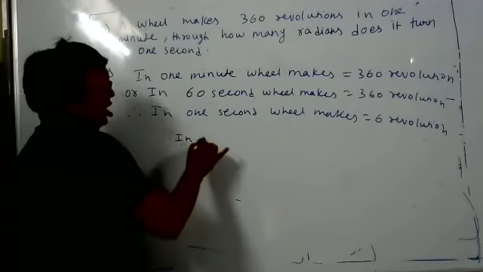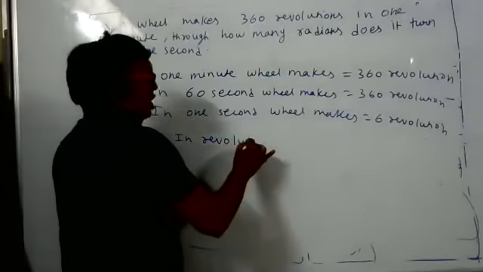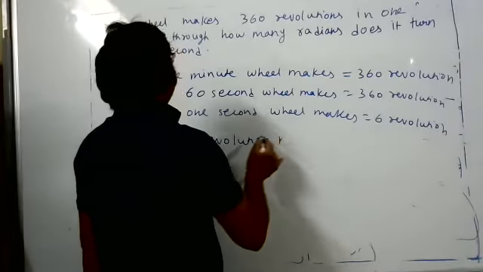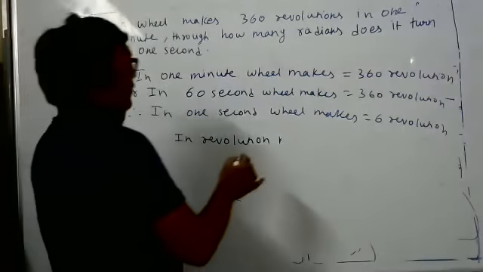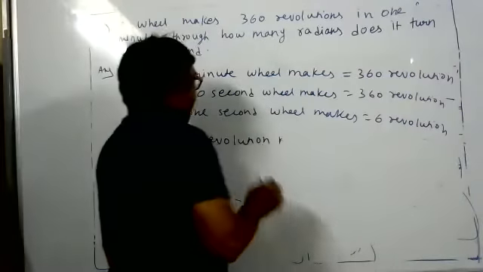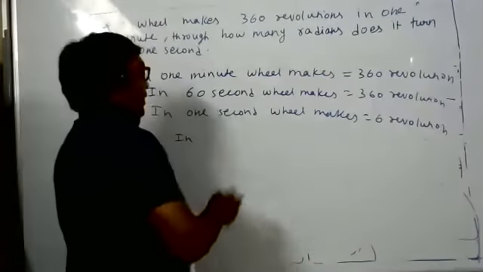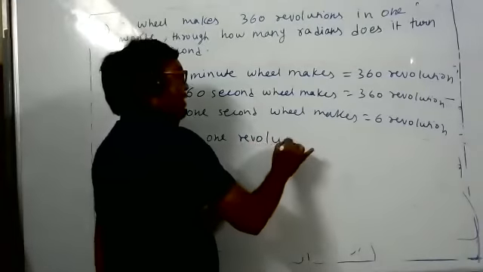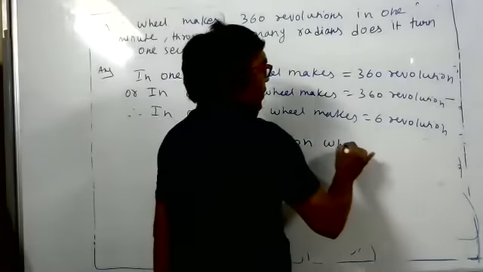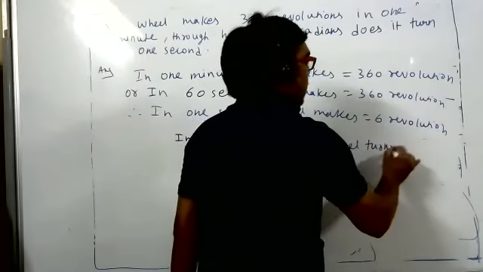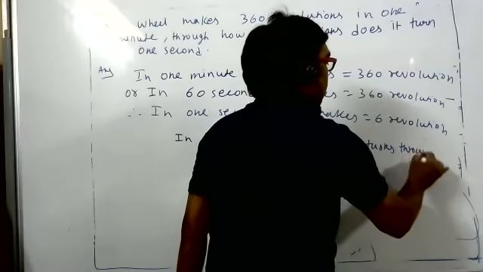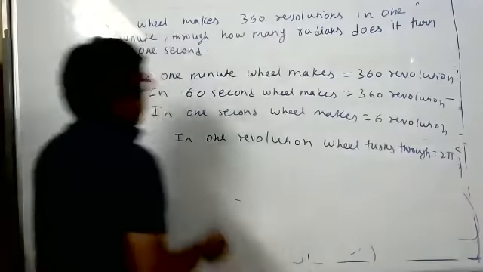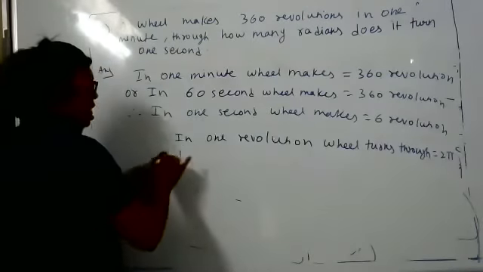In one revolution, the wheel turns through 360 degrees, which is equal to 2 pi radians. So 2 pi radians in one revolution, and I am interested in 6 revolutions.